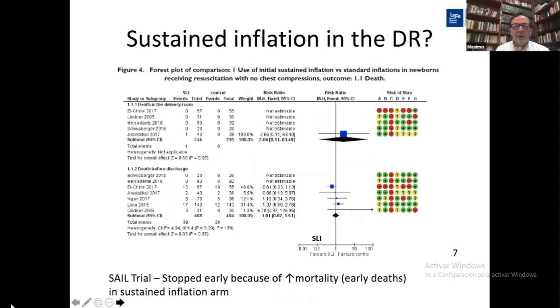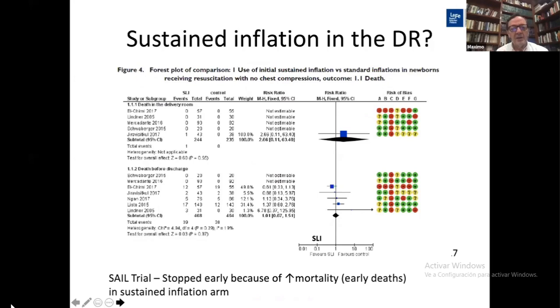Regarding sustained inflation, there were many small trials in Europe, even an interesting trial done by the Italian Neonatal Society. They aimed to improve the ventilation in the delivery room, to expand the lung by giving 20 to 25 centimeters of water for 15 or 20 seconds, a couple of times, 2 or 3 times.